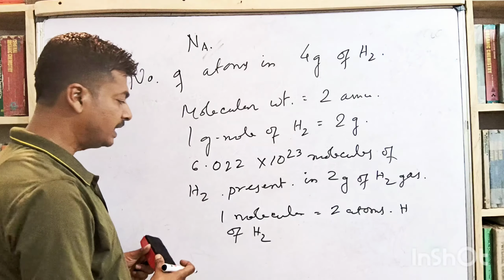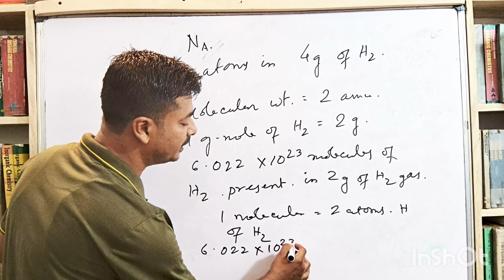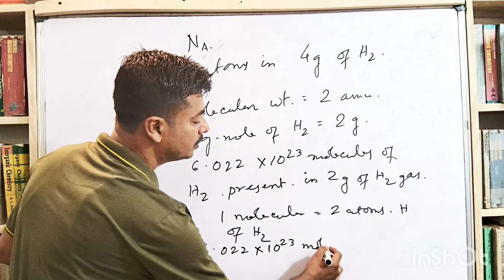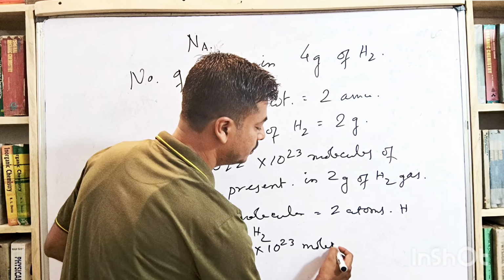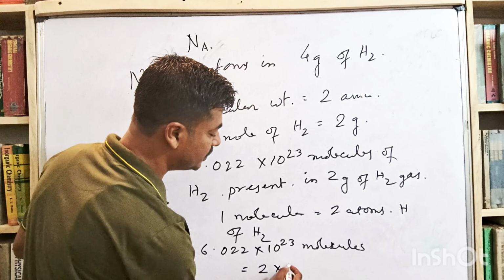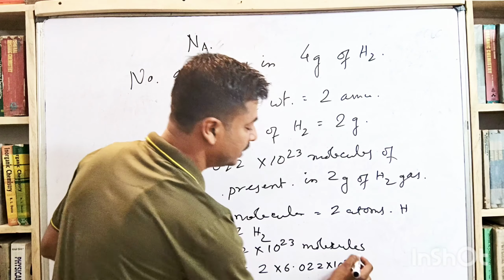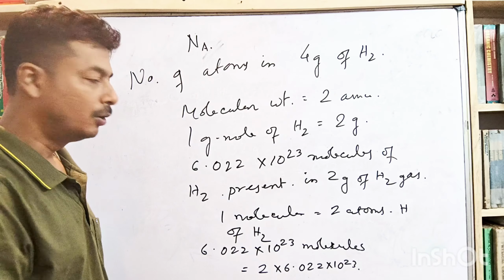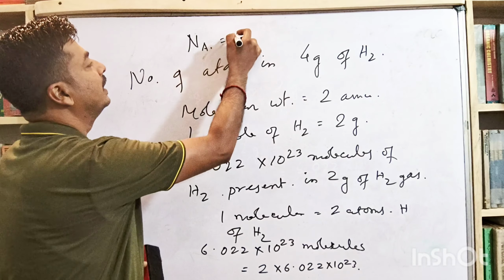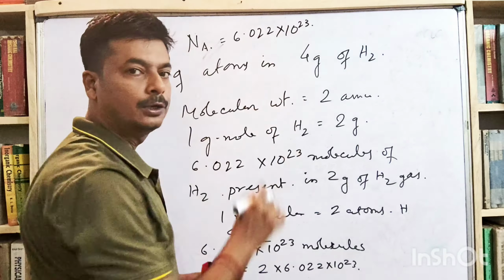So 6.022 into 10 to the power 23 molecules is equal to 2 into 6.022 into 10 to the power 23 atoms. Since the number is very big, we can write it simply as N_A. N_A is equal to 6.022 into 10 to the power 23.